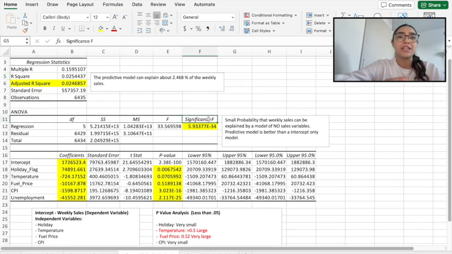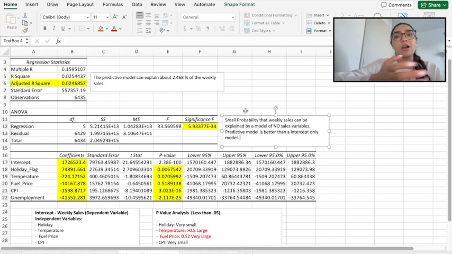However, the significance F value suggested that there was a very small probability that the weekly sales could be explained with a model with no sales variable, like an intercept only model. So our model, even though it only explained about 2.468 of the weekly sales, is better than an intercept only model, so that was a good sign.